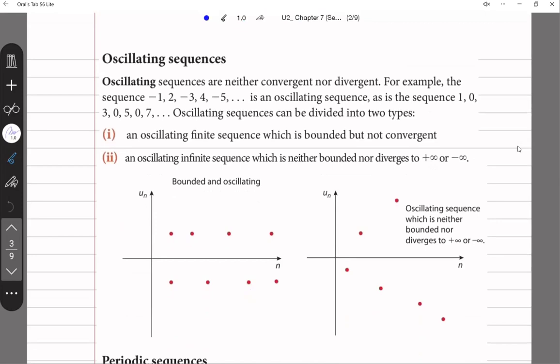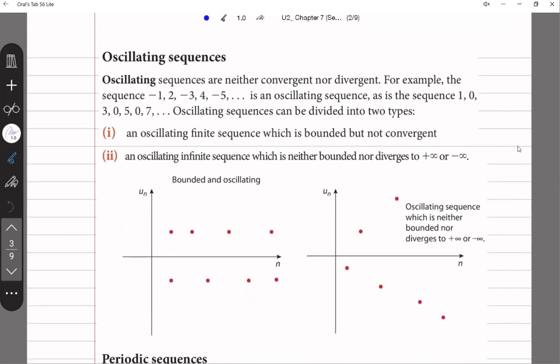Still under types of sequence, we have oscillating sequence. Oscillating sequences are neither convergent nor divergent.